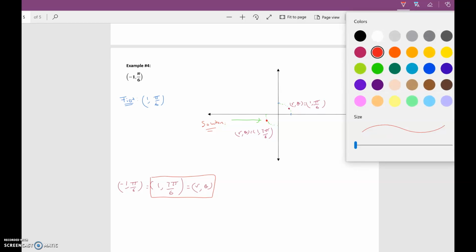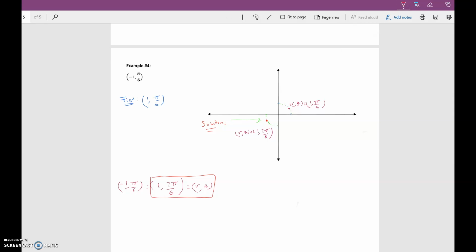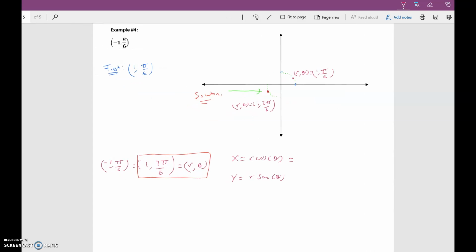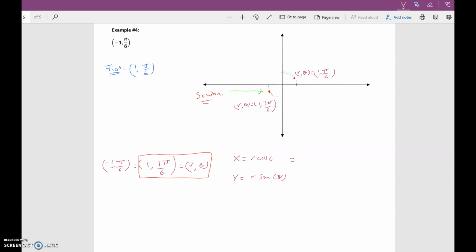Now, to express it as rectangular, you would just use the formulas. In this case, x is equal to r cosine of theta, y is equal to r sine of theta. For this one, it's going to be 1 cosine of 7 pi over 6, and then 1 sine of 7 pi over 6.